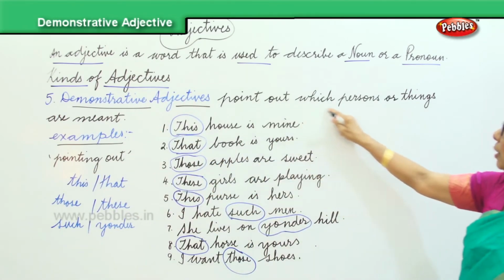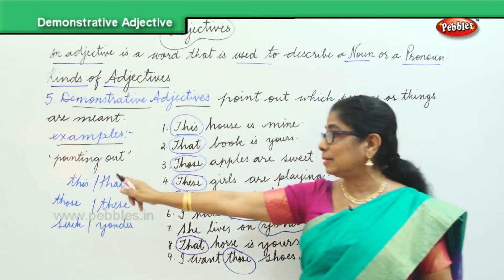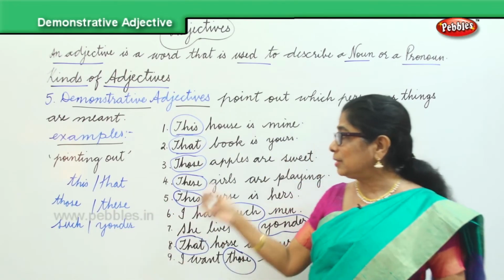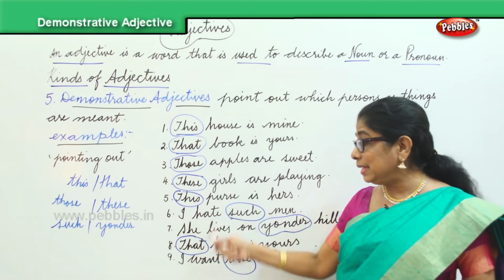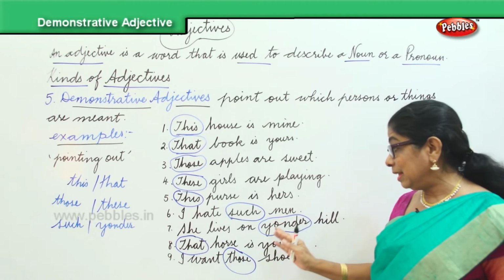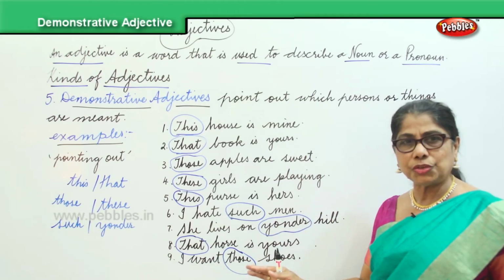How do we detect a demonstrative adjective? Demonstrative adjectives point out persons or things. Say this book, this house, that book, these apples, these girls, yonder hill, such men.